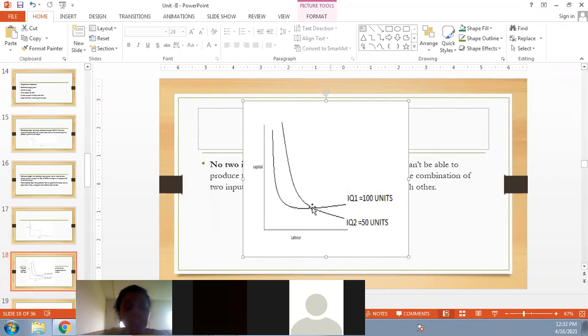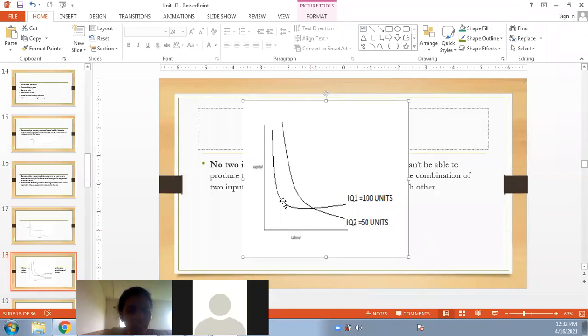Now, if they intersect, here we have a point of intersection. Let us name that point as A. At A, we have a certain amount of labor as well as a certain amount of capital. Now, what is concluded from here?